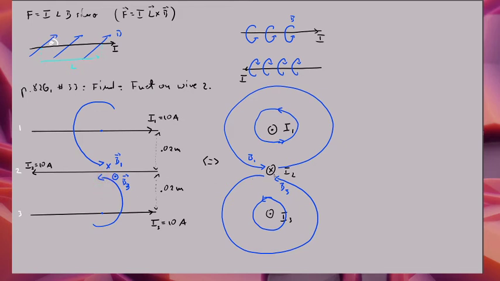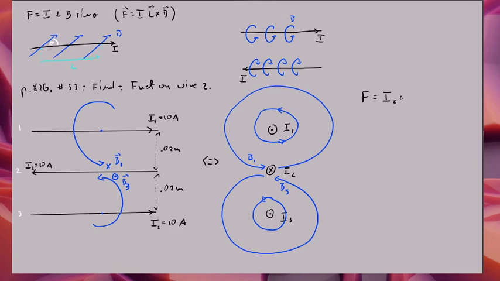In any event, what I see is that the magnetic fields at the location of I2 oppose. So I can find the force on this wire by using the following equation, just the force equation. So the force equals I, and it would be I2, times the length of the wire, whatever the length of the wire.